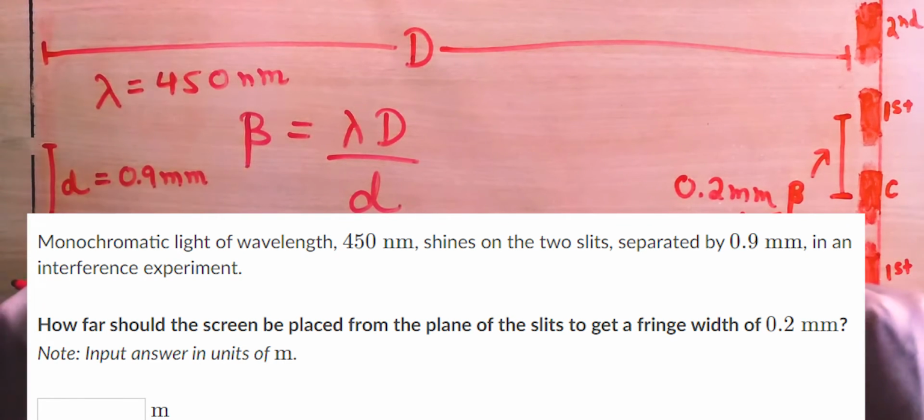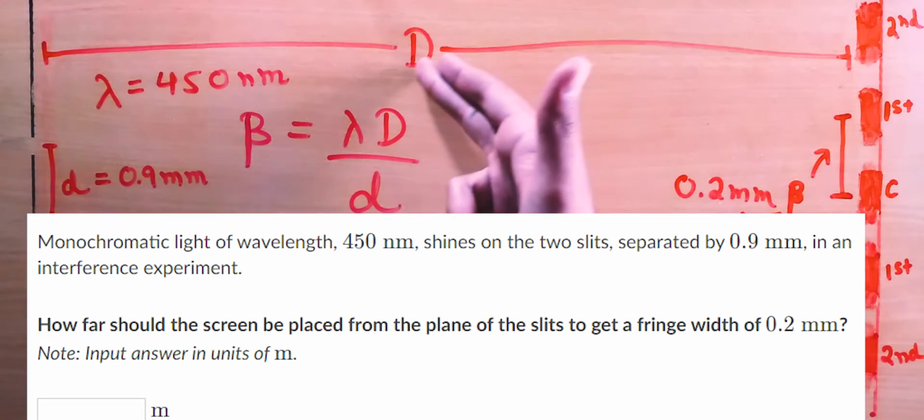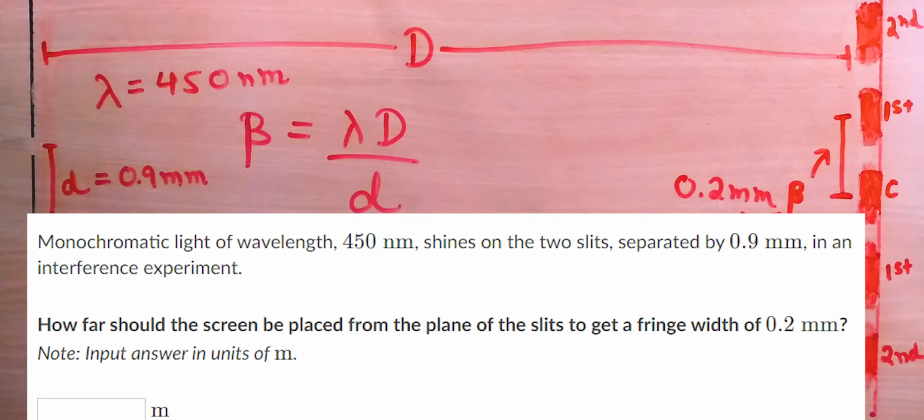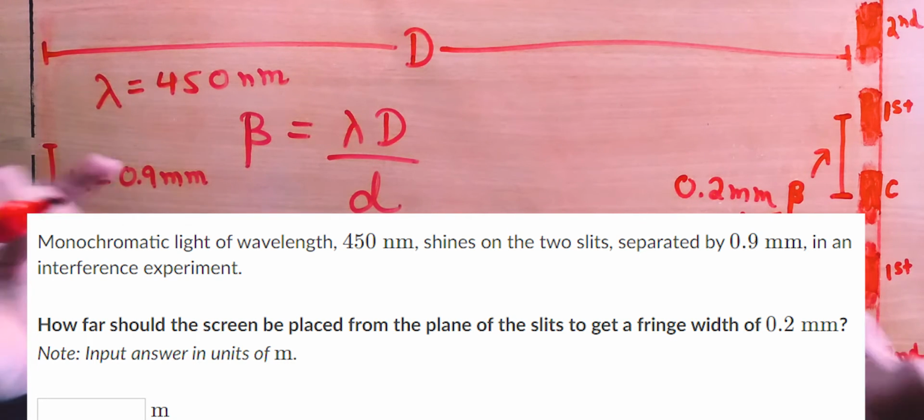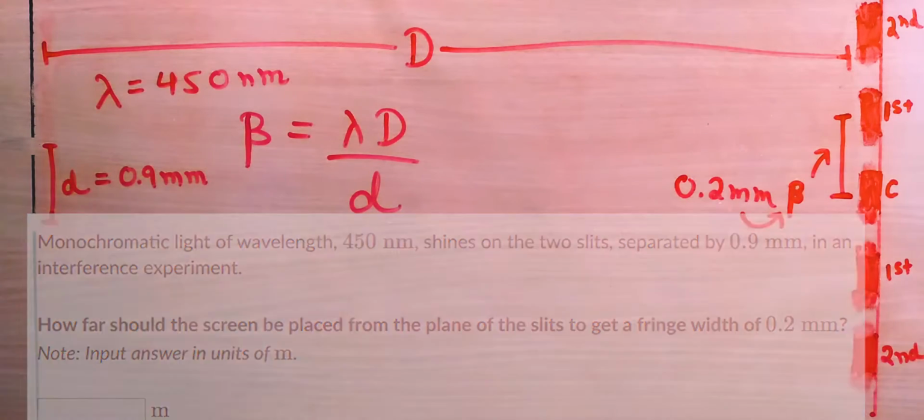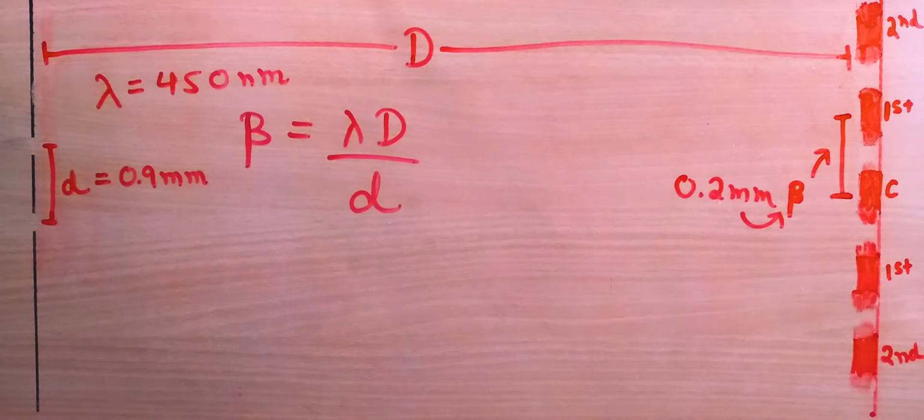So I have 3 variables right there. I know the value of them, and I have to figure out the fourth variable, which is D. So first of all, obviously I'll plug them in, but keep in mind, before plugging the variables' values into the equation, it's a very good practice to convert them into SI units. It keeps everything consistent.